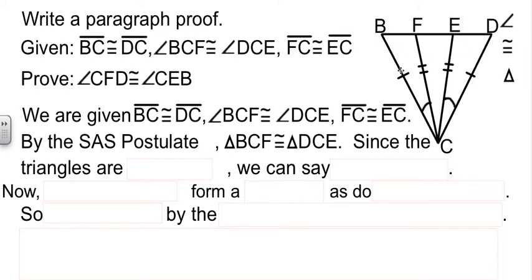Okay, I've got a side BC matching DC. I've got CF matching CE. And then I've got the included angles are equal. So I've got enough to say this left-hand triangle is congruent to the right-hand triangle.